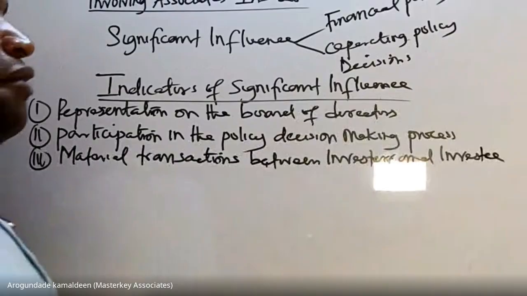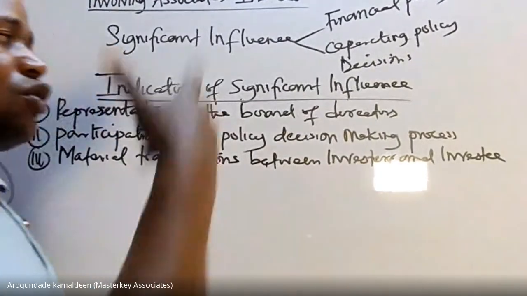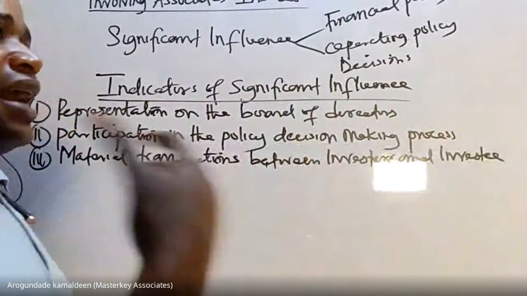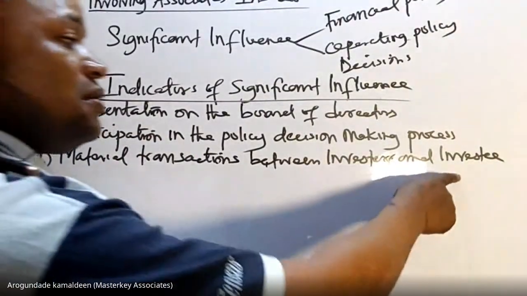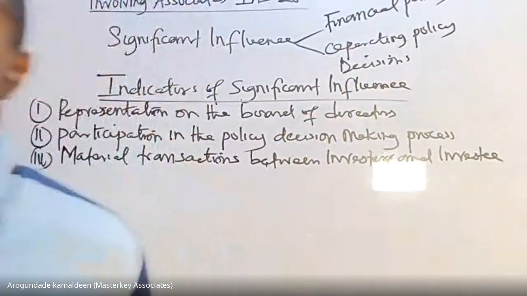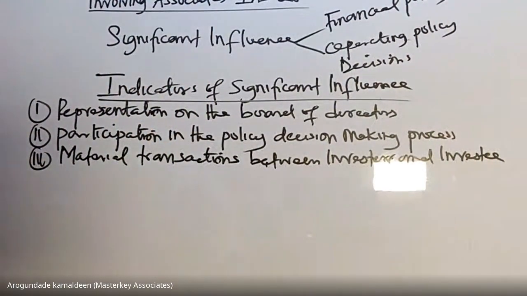The investor could be the parent company, who has acquired 20% in the associate. So the investee is that associate, where you have acquired 20% or more. It is possible that the parent company might also raise finance, or might stand as a surety for the associate to get finance. So that is that.